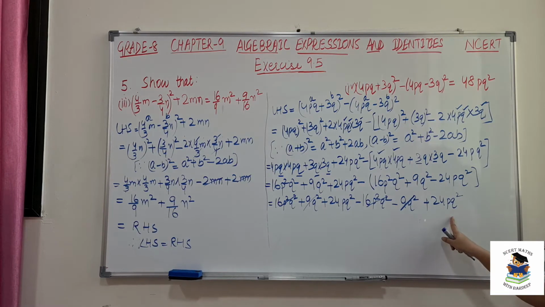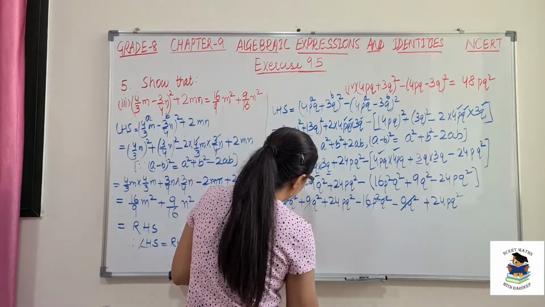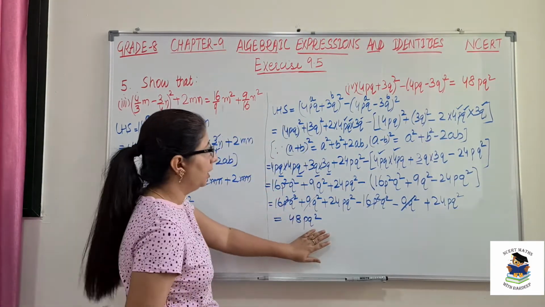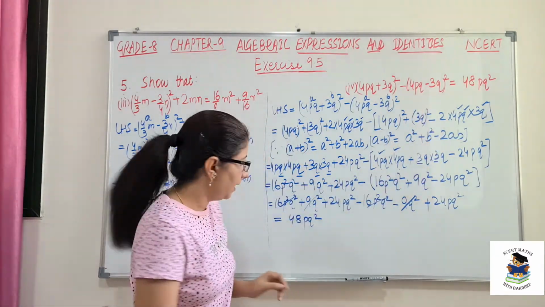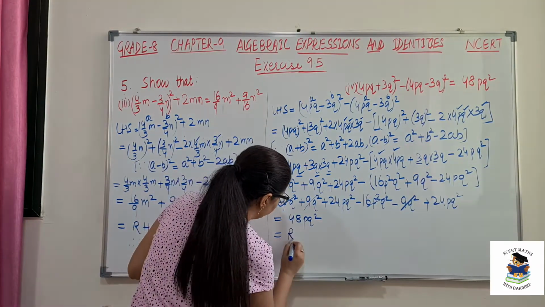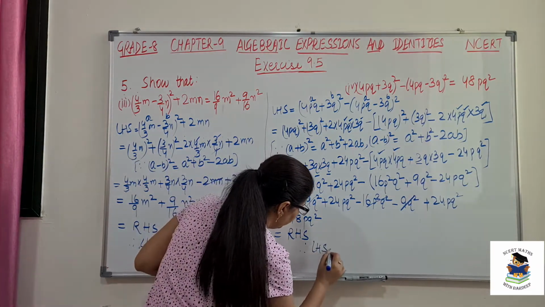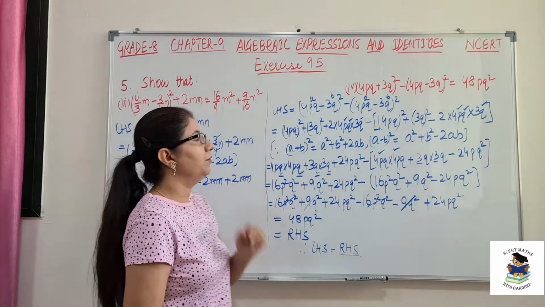Like terms but with same sign. So we will add them and we will get 48 p q square. Now we can compare this. This is same as our right hand side. So we will write this is equal to right hand side. Therefore left hand side is equal to right hand side. So this is our fourth part.